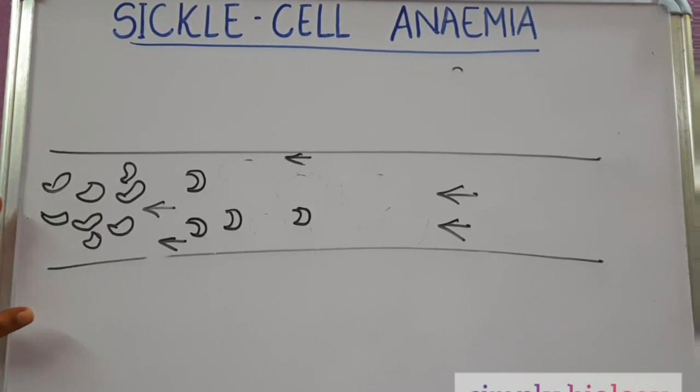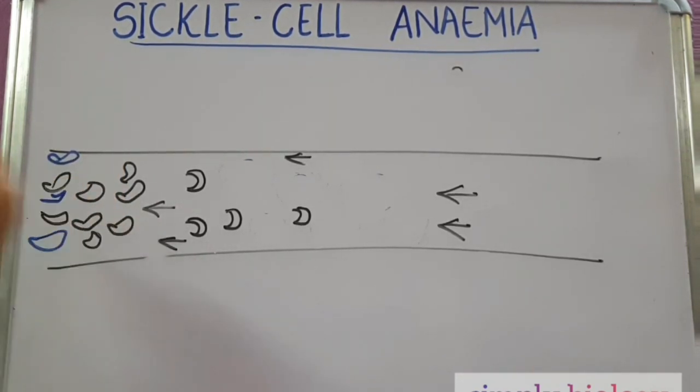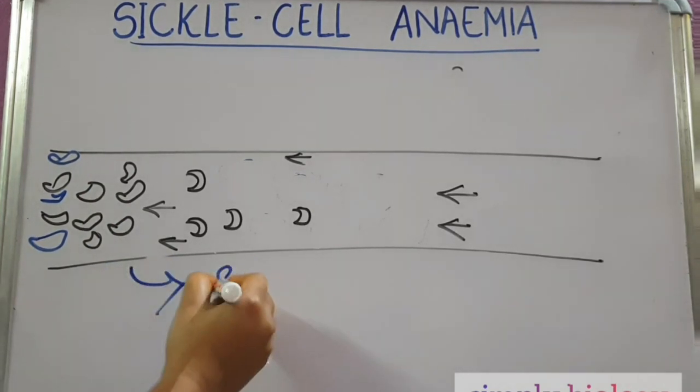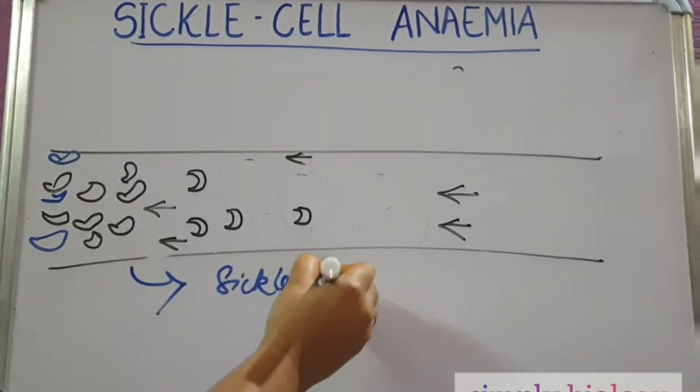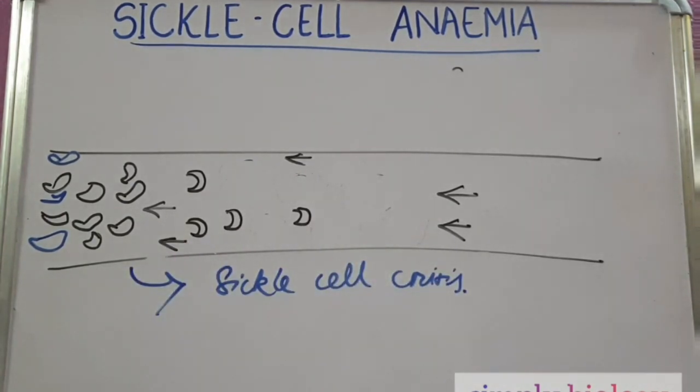The sickle shaped cells increase in the blood vessel and start blocking the vessels. This is called sickle cell crisis. This leads to pain in the body, fatigue, etc.